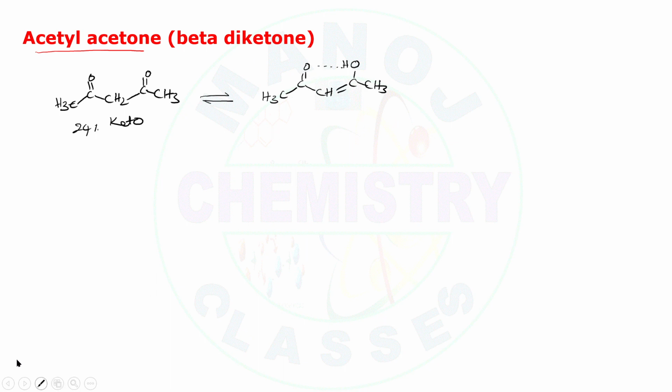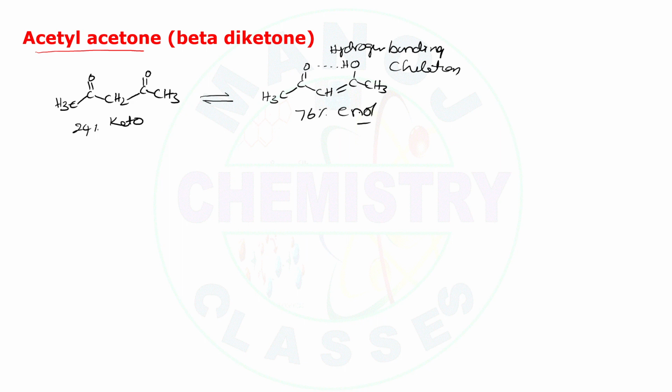Due to that chelation, the content of enol is 76%.